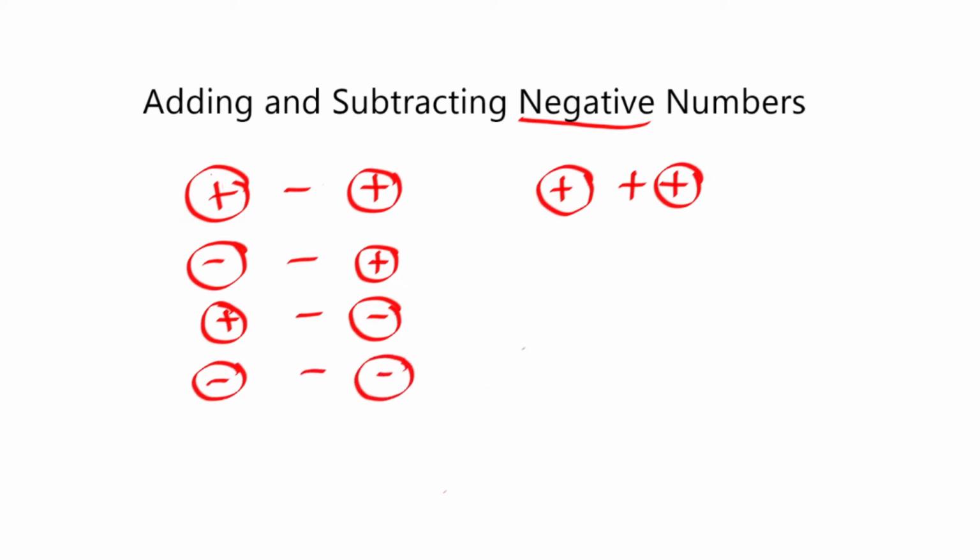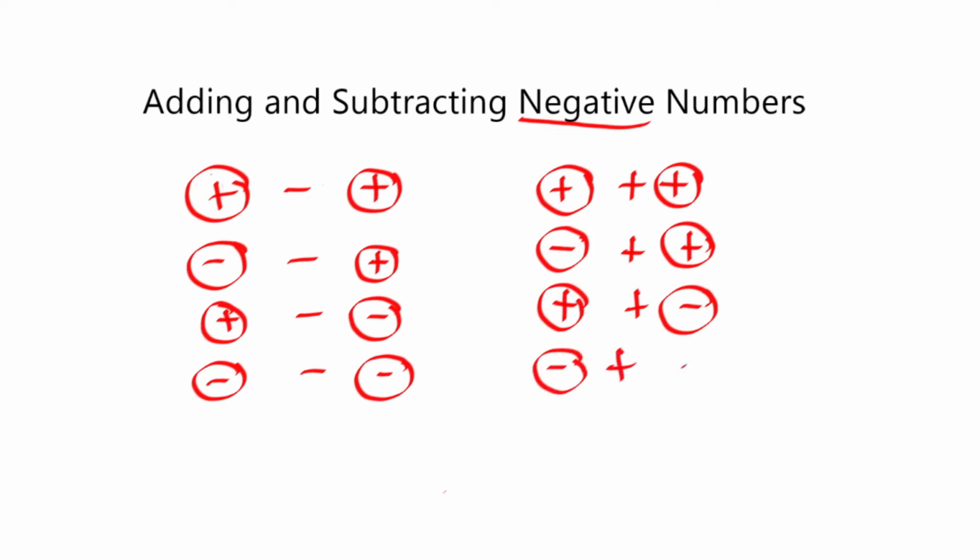And we can have the same thing for the plus part: a negative number plus a positive number, or the reverse, a positive number plus a negative number, and of course a negative number plus a negative number. Now those are completely new to us, therefore we're gonna need a set of rules to understand how they actually work and how we can get the correct answer with them.